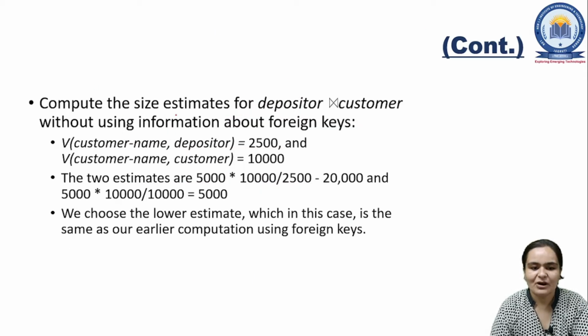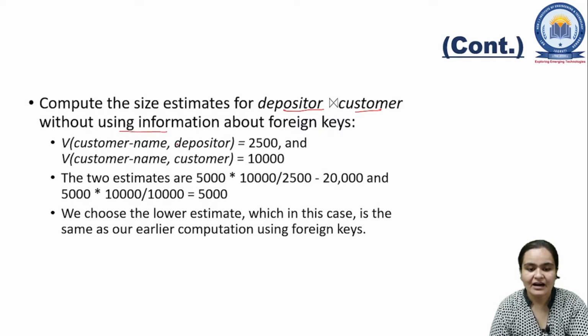So what we need to compute is the size estimate for depositor join customer without using any information about the foreign key. We have customer name in depositor with 2,500 distinct values, and for customer name in customer we have 10,000.